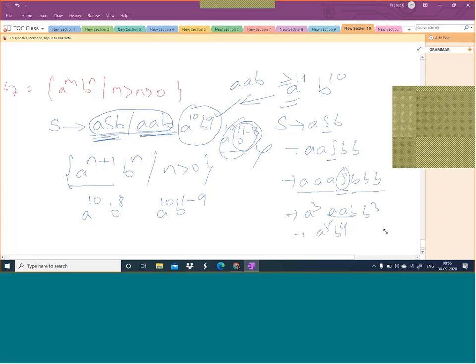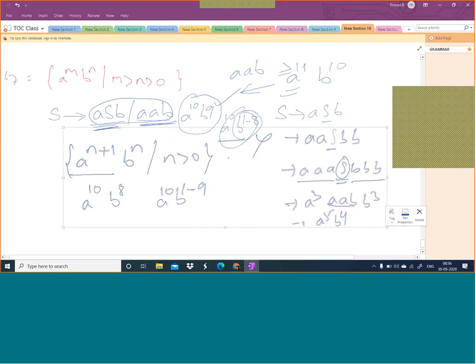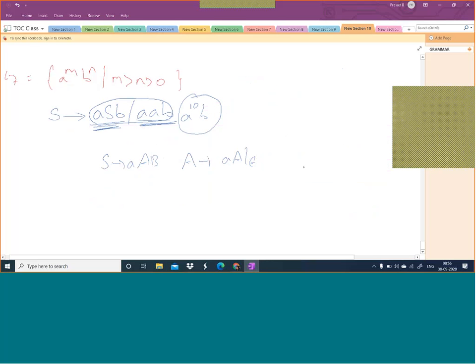Okay. I am taking S dash AAB. In A place, I will substitute epsilon. In B place, I will substitute BB. Again, BB. Again, BB. So like that, the B's we are getting are more than A. So this is not correct.